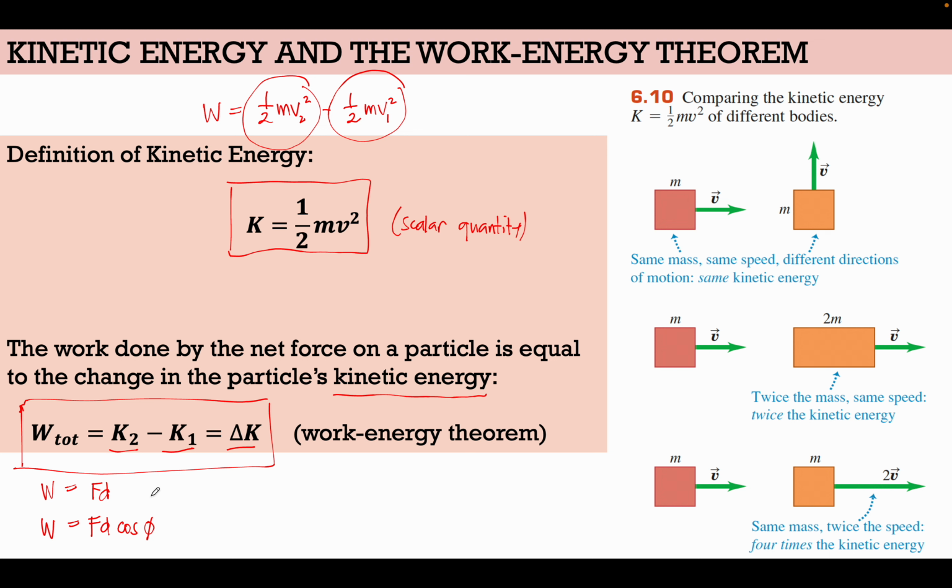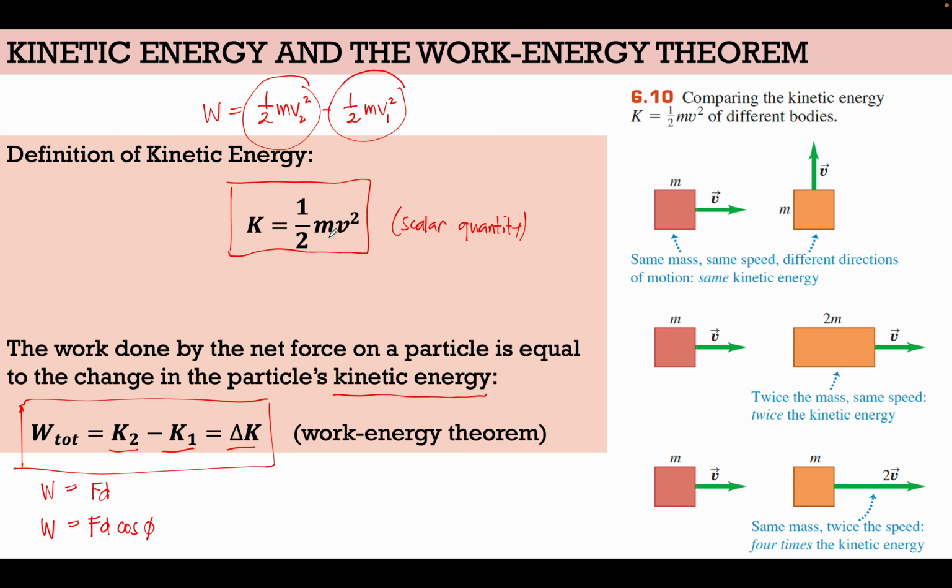So we now have three equations that we can use to solve for the total work done, depending on the given values provided by the problem. We cannot use the work energy theorem if our givens are just in terms of force and displacement. We can use the work energy theorem if our givens are in terms of mass and also the initial and final speed of the object.